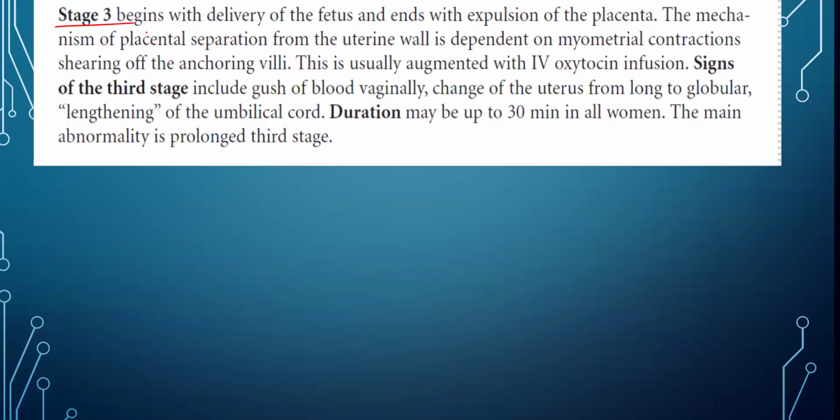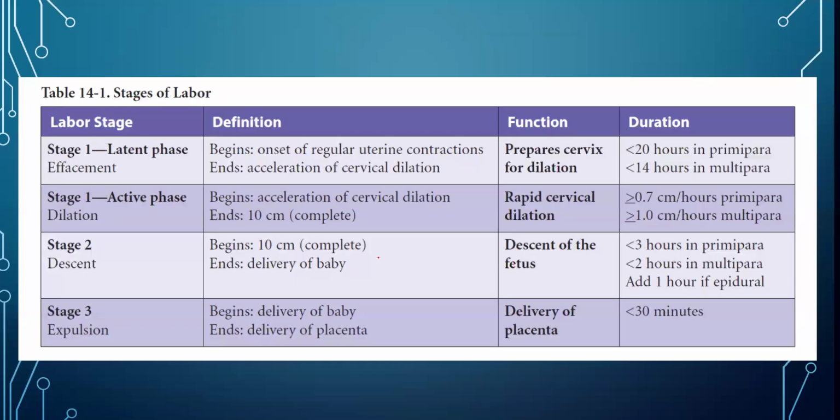Stage 3 is basically after delivery of the fetus. Stage 3 means delivery of the placenta. For both primi and multipara, the duration of stage 3 is 30 minutes. So this is a very good table where they have explained everything that we have just discussed.